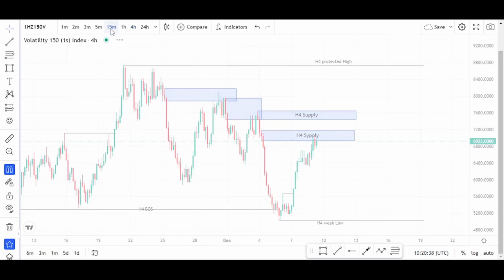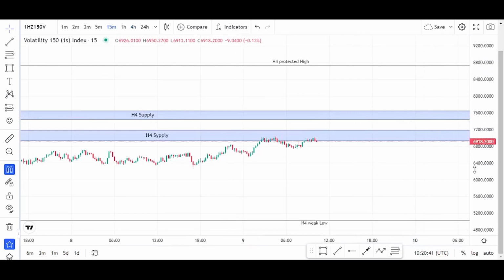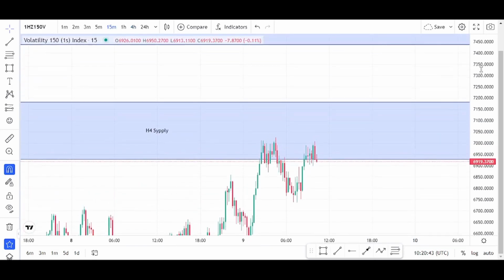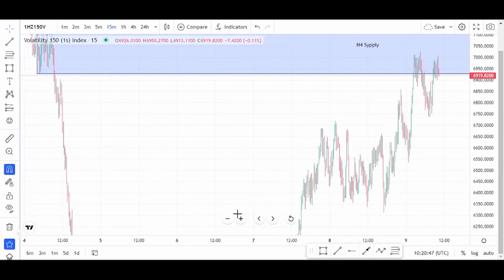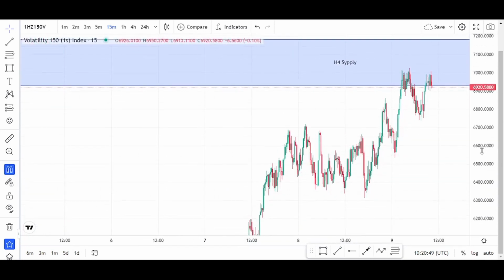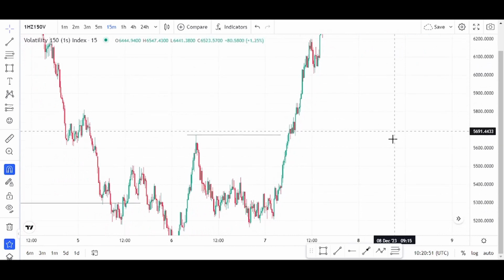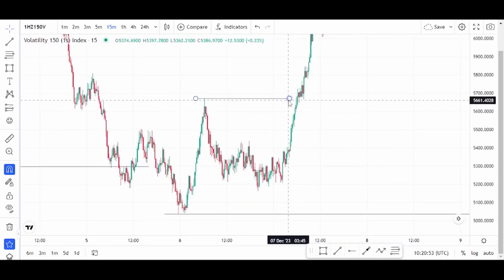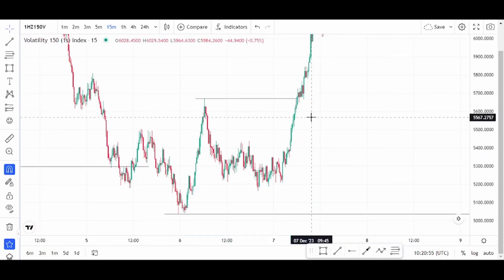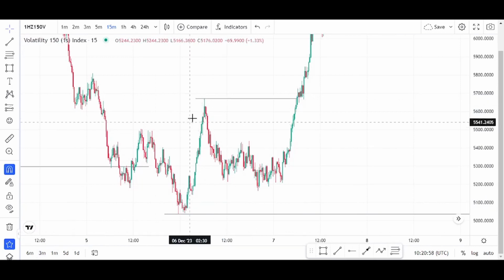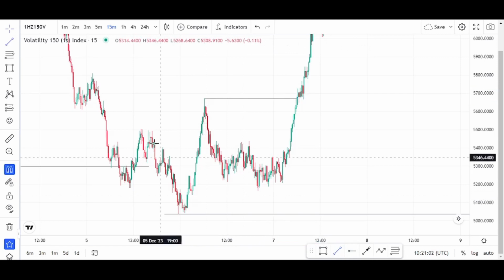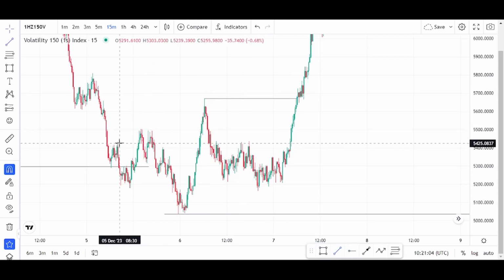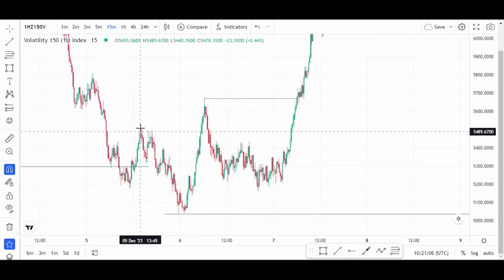In the 15-minute, what you are going to realize is that we had this 15-minute break of structure. We firstly had this 15-minute break of structure here.